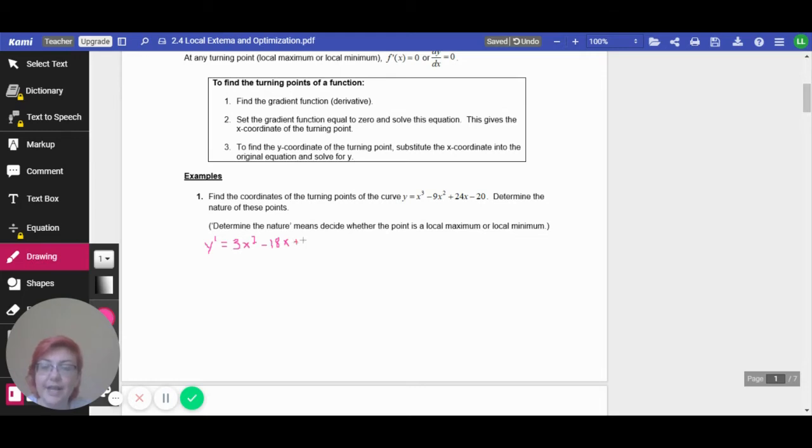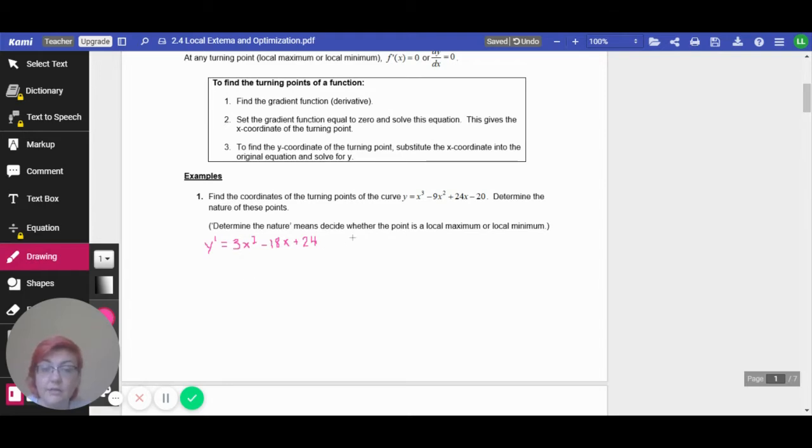So n times a is 24, 1 times 24. x to the 1 minus 1 is x to the 0, which is 1. 1 times 24 is 24, so no change there. And then negative 20 is our constant, so that becomes 0, which we don't include. Now, what I need to do is set this equal to 0 and solve.